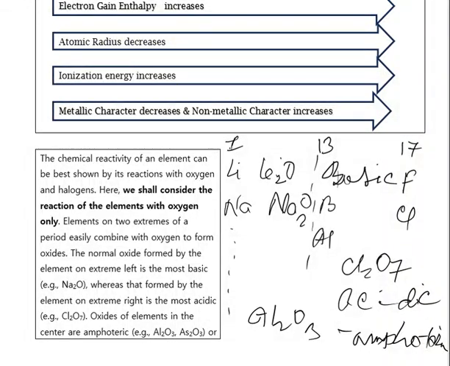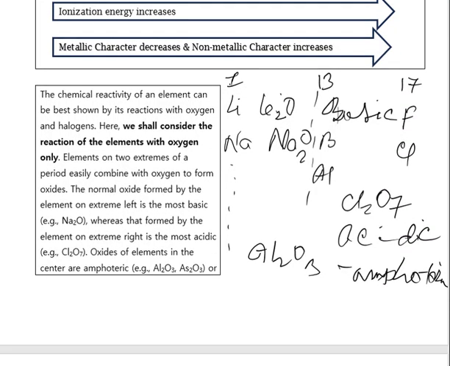So what is the main point? What is to be understood now? We should understand that leftmost oxides are basic, rightmost oxides are acidic. It means the properties of oxides from left to right start from basic nature and end at acidic nature.